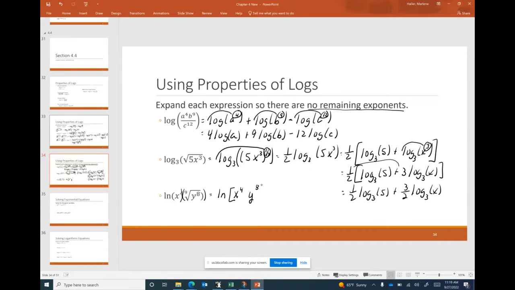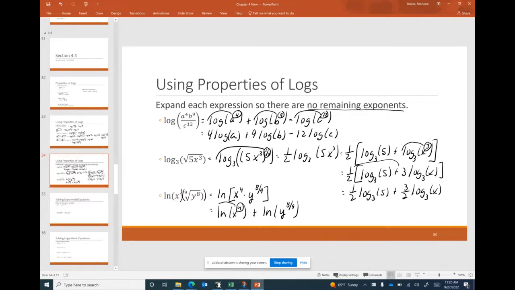8/9 power. Okay, remember you're converting radicals to fractional exponents. You can Google that if you've forgotten some of those rules. All right, now I can expand this and write this as the natural log of x to the 4th plus, because these are products in here, the natural log of y to the 8/9, right?